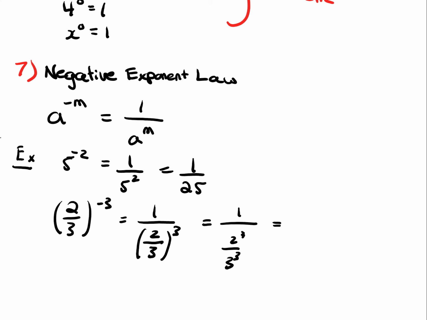And then we would take the reciprocal of that, so it would be 3 to the 3 divided by 2 to the 3. And then we would get 27 divided by 8 if we simplified. Again, you can punch this into your calculator and you will see that you get the same thing.